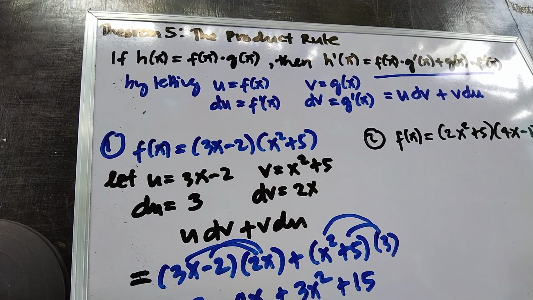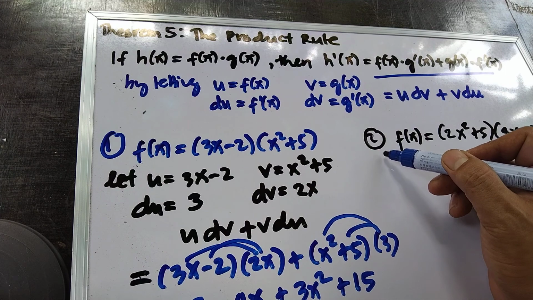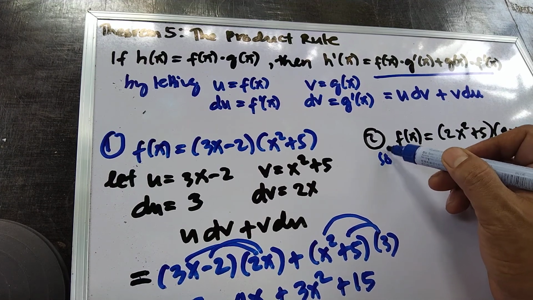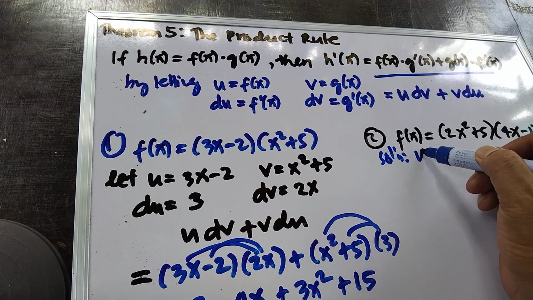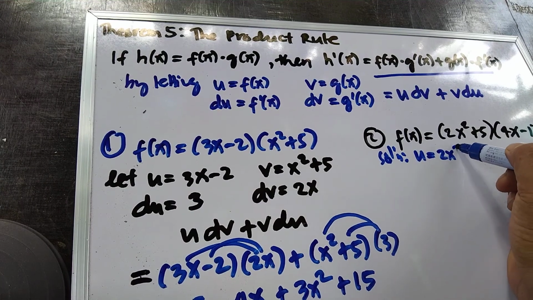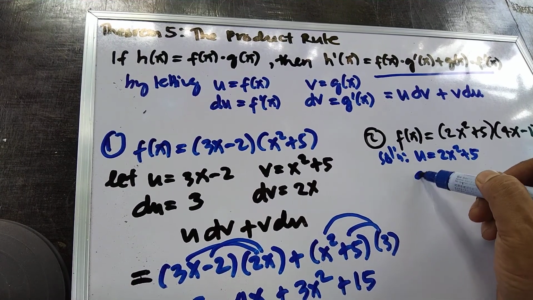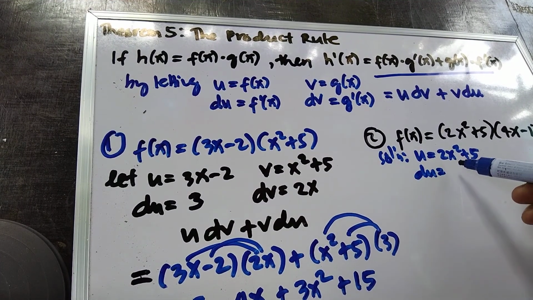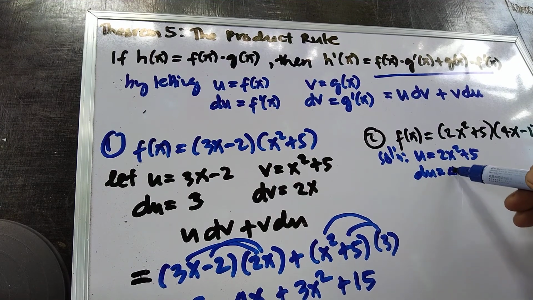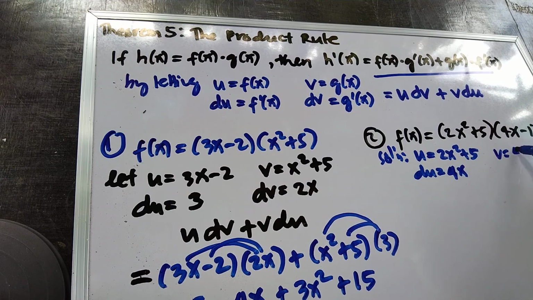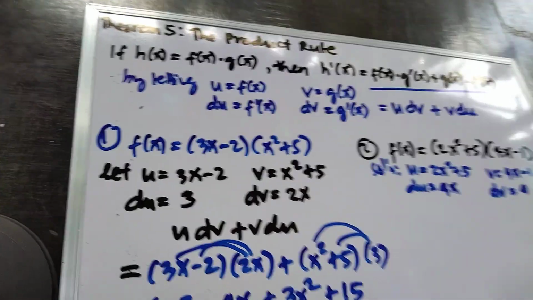So again, solution: let u be equal to 2x squared plus 5. What is the derivative of 2x squared plus 5? You have 4x. Here, your v is 4x minus 1. What's the derivative of 4x minus 1? You only have 4.